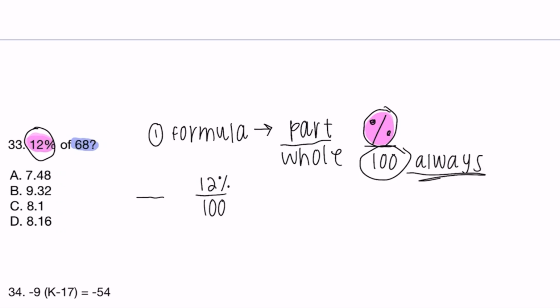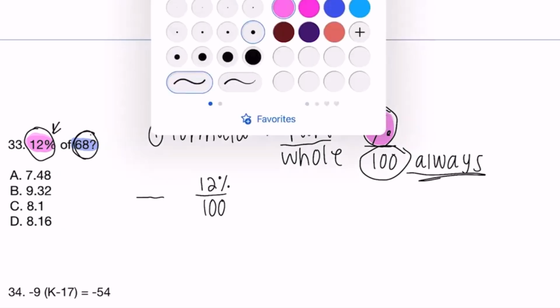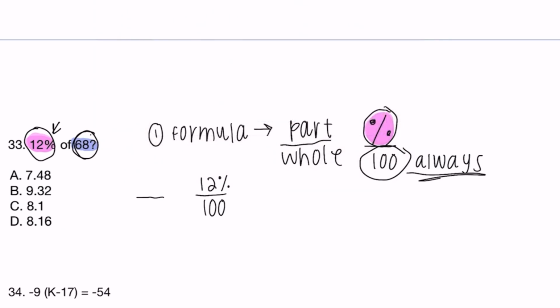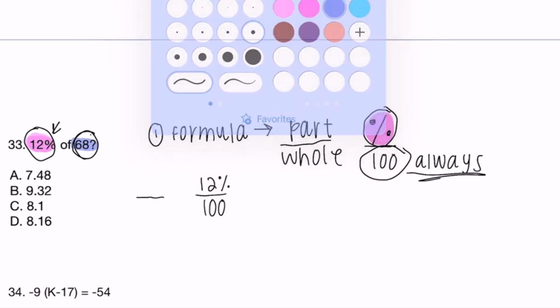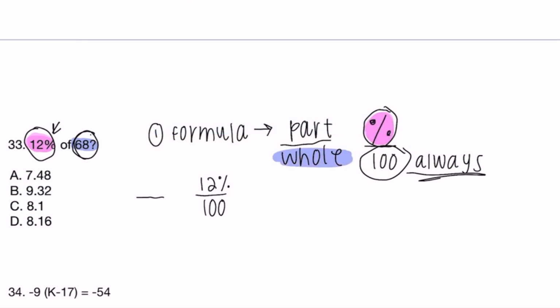So it looks like you're trying to find a percent, a part of 68. This is the whole number. You're trying to find 12% of 68. So 68 is the whole number, and you're trying to find the part. So I'm going to put it in the whole place.